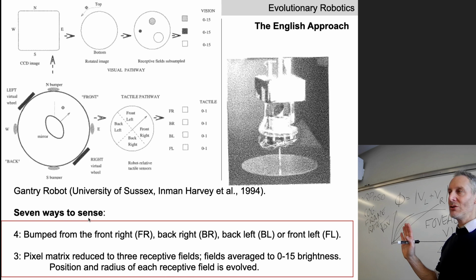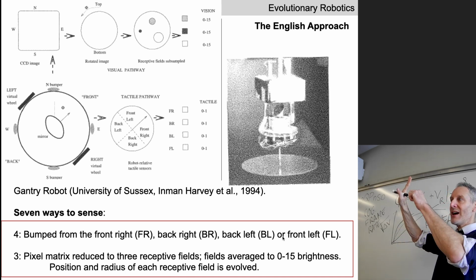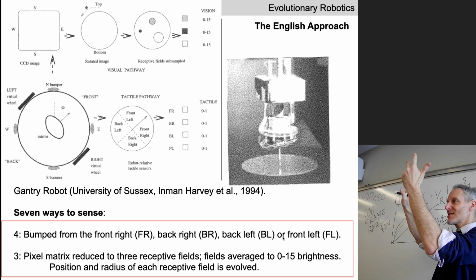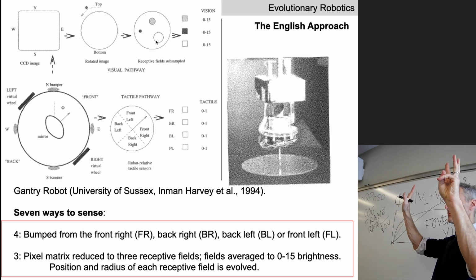But let's go back to seeing the world through the robot's point of view. The robot has 4 binary sensors so far that can be either 0 or 1, and then a 5th, 6th, 7th sensor, which corresponds to the 3 receptive fields or the 3 fovea.